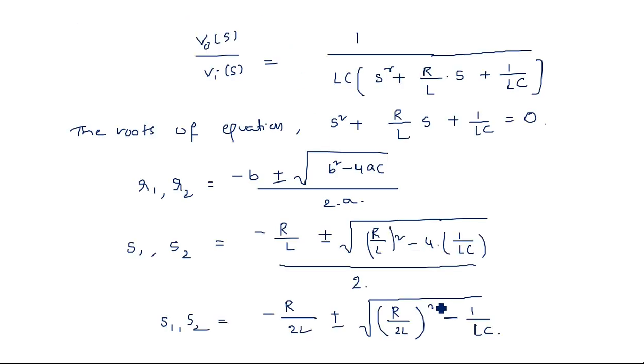See, I have taken the same roots S1 and S2. If the root factor (R by 2L) whole square is greater than 1 by LC, what happens then? It becomes a positive value and the overall value will become a real value.